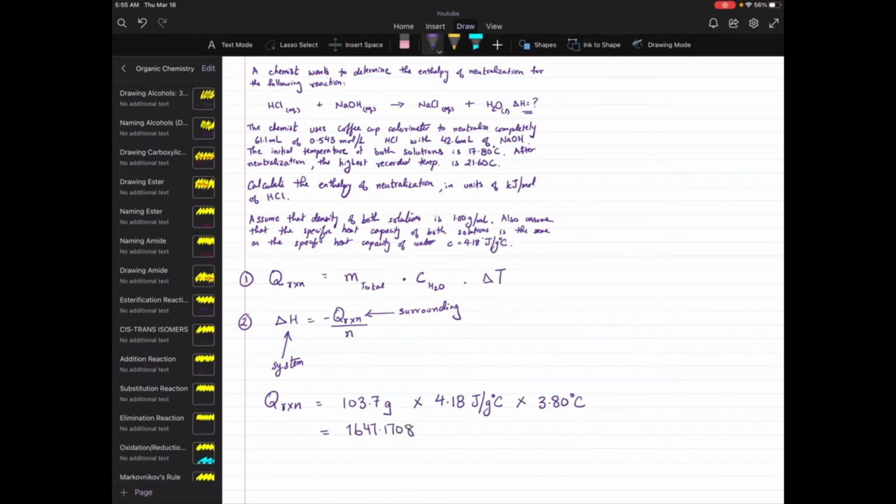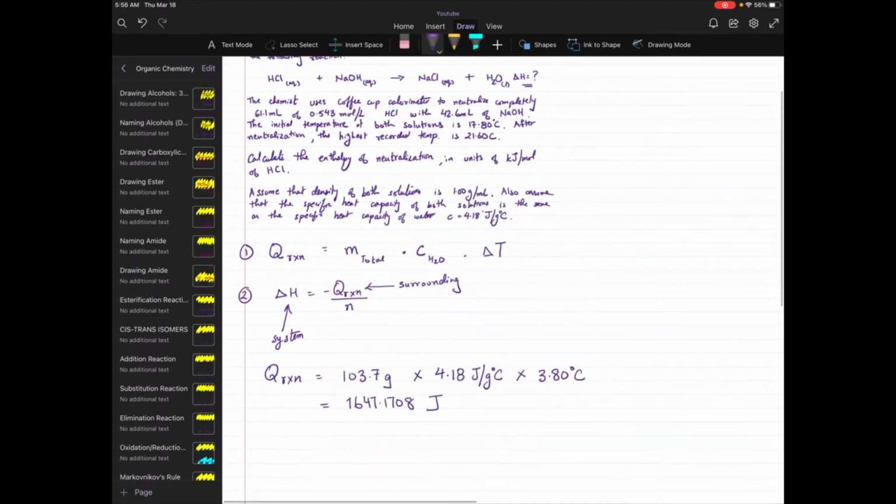I'm putting all the numbers that I got on the calculator, and this will be in joules. Okay, I'm not rounding off the values right now because this is not the final answer. Rounding is only the step that you do for the final answer.